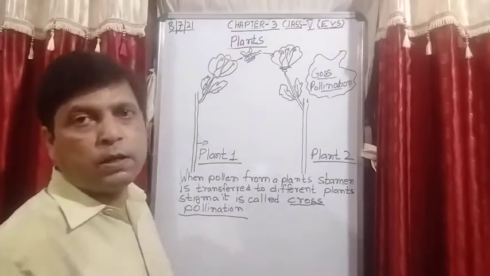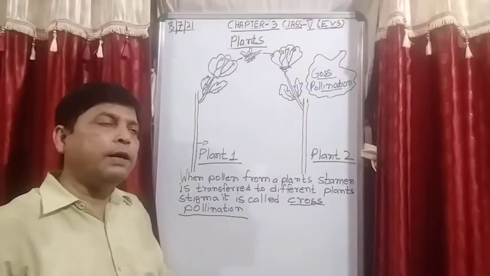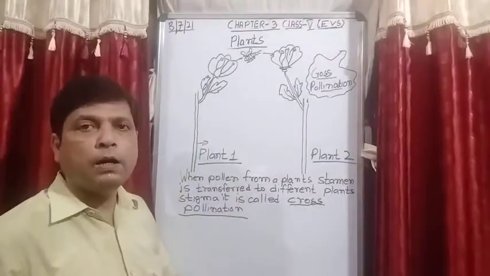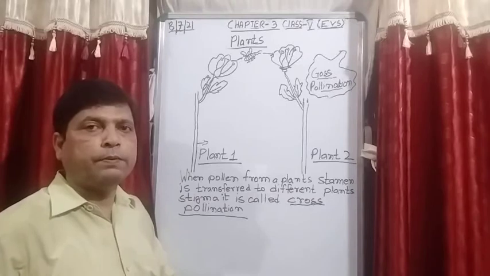So this is self pollination and this diagram is for cross pollination.